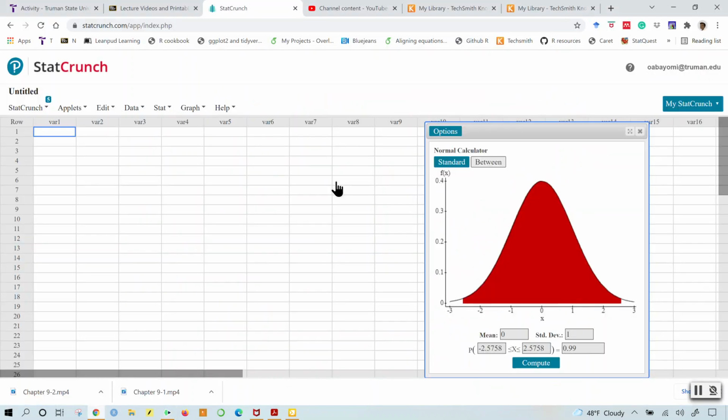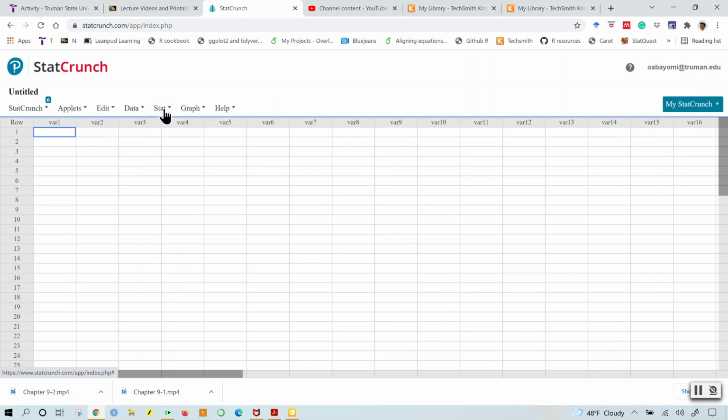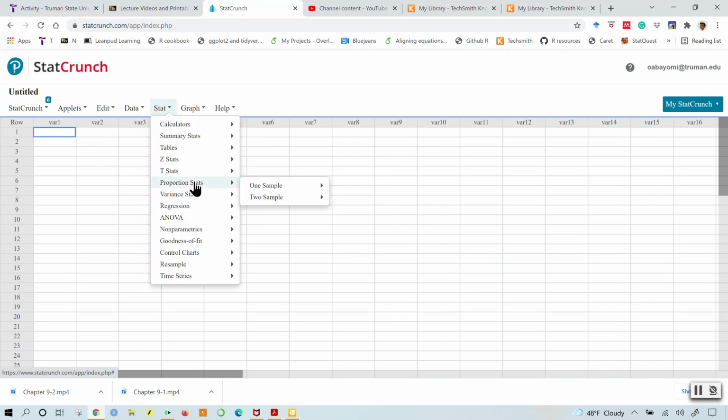We go to StatCrunch, I'm going to minimize this, go to Statistics, and I want Proportion statistics, One sample, and in this case, with summary. Why with summary? Because I only have x and n. I don't have the raw individual data values, in which case I would have used with data.